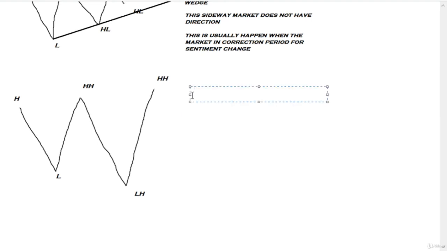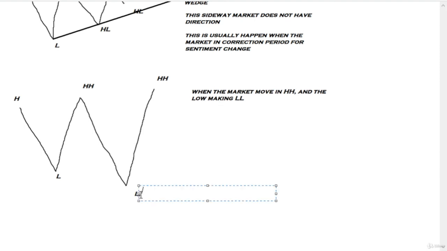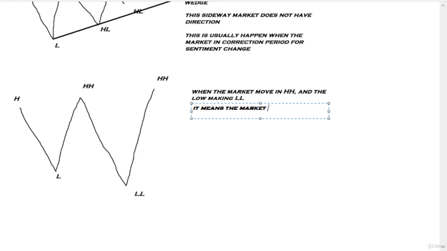At this stage, when the market moves in a high and the low is making a lower low, it means the market is moving sideways. Why does it move sideways?